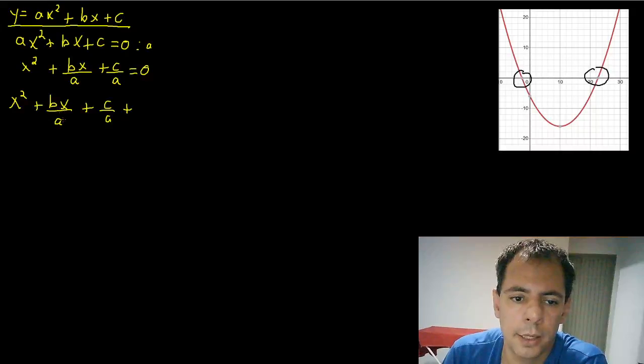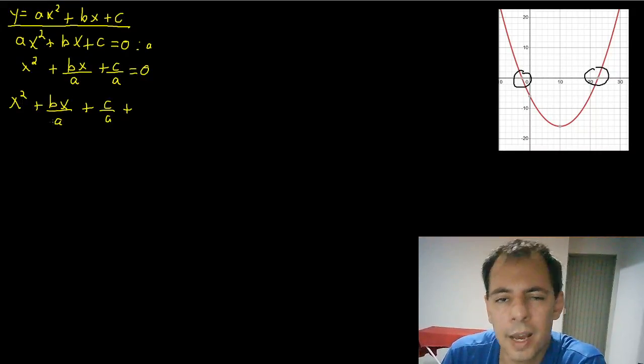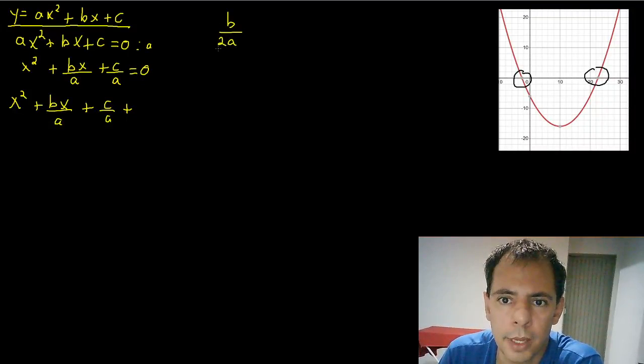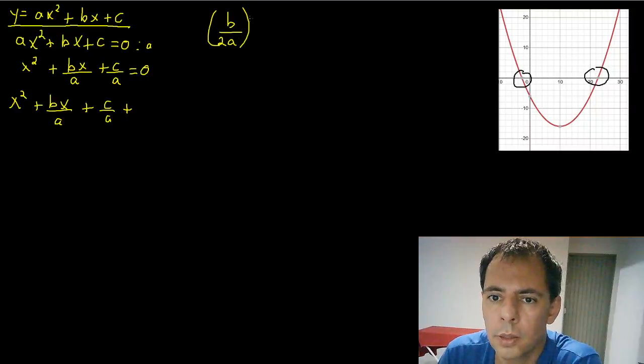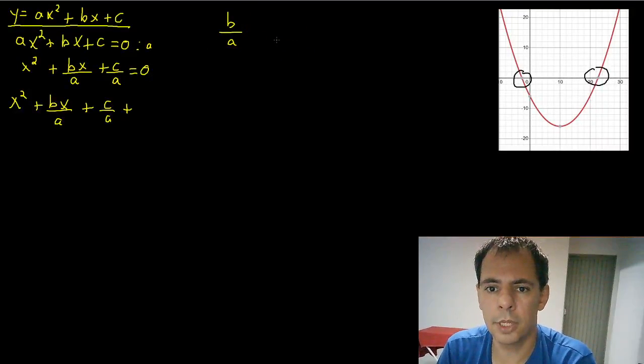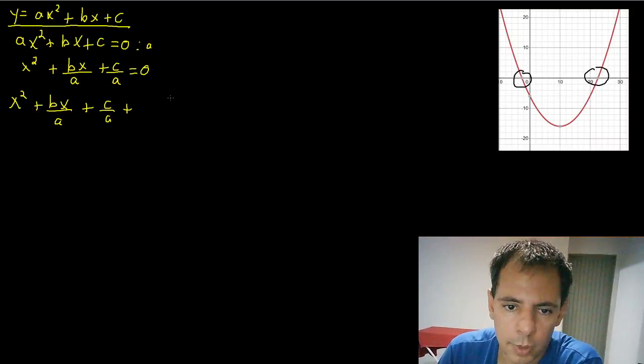Well, you take the x coefficient, not the x squared coefficient, and you divide it by 2 and square it. So b divided by a divided by 2 is b divided by 2a. And when you square this whole thing, you're left with b squared divided by 4a squared. So b squared divided by 4a squared is what you have to add in here.